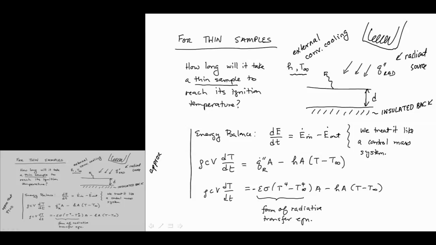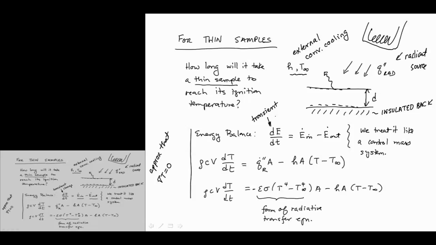And that overall energy balance, so we take a control volume that encompasses this sample, and we say that the change in energy with respect to time for the sample, so this is sometimes called our storage term, is simply equal to the rate of energy input minus the rate of energy leaving that system.